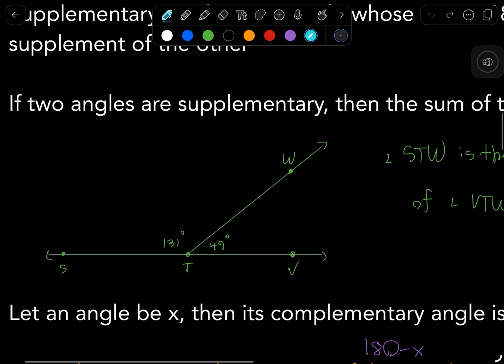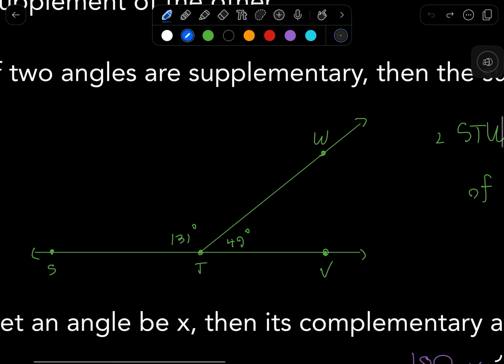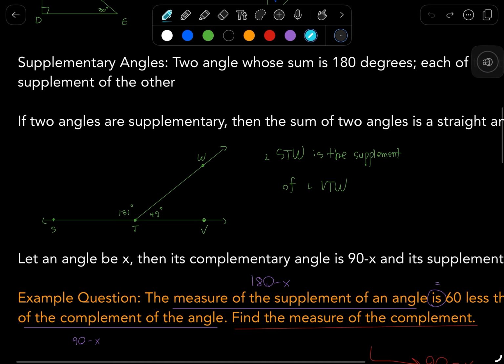We have a straight angle right here, STV, and these two smaller angles both add up to make the entire straight angle. As a result, you would say they're supplements, or supplementary angles, and that one of them is a supplement to the other.